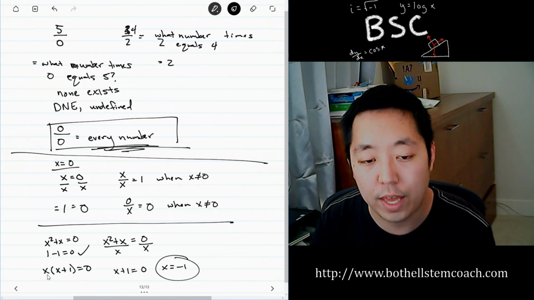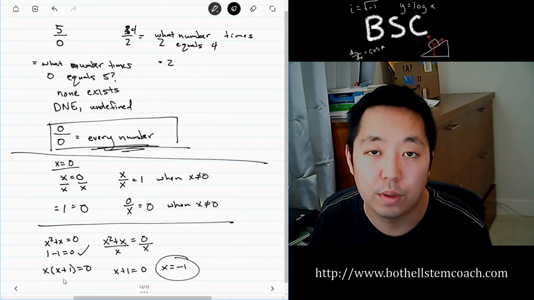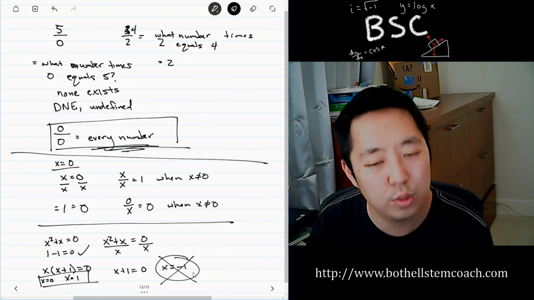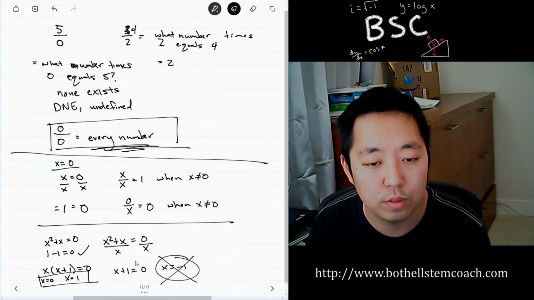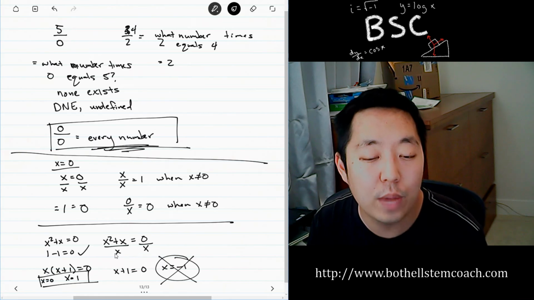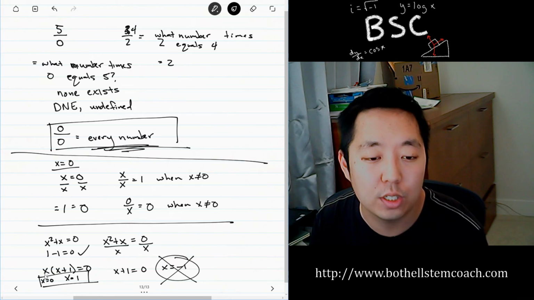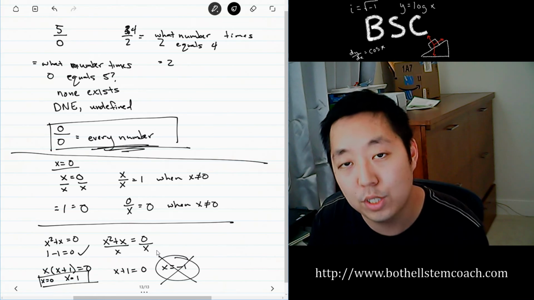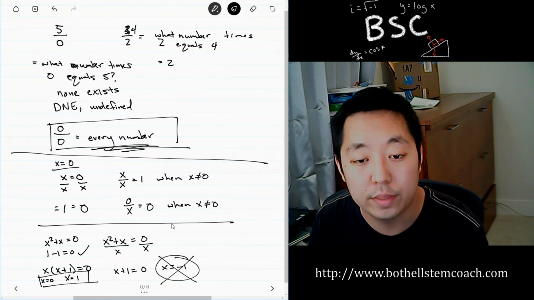When I have x times x plus 1 equals 0, either x is 0, or if x is not 0, then x could be -1. So it's one of these two. This way is not strictly correct; it's missing a solution. This is a simple example of where you might accidentally divide by 0, and the end result wasn't too weird. You just eliminated a possible solution from your equation, and that's not good.